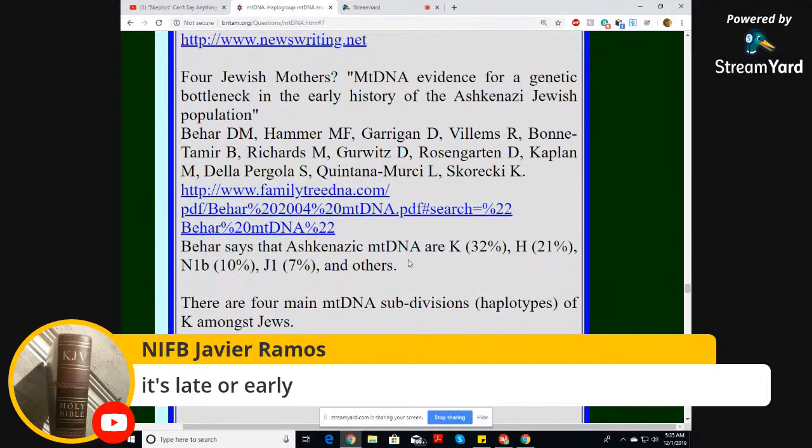Okay. 32% K, 21% H, and then we got the N and the J, and others. So I guess it'd be the four. It'd be the K, the H, and the N, and the J. K, H, and J. So it's basically four Jewish mothers among the Ashkenazis.